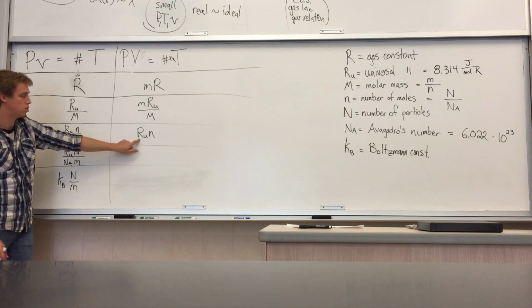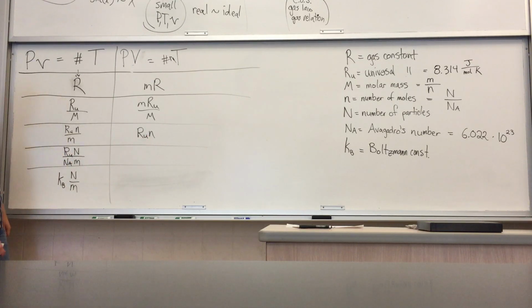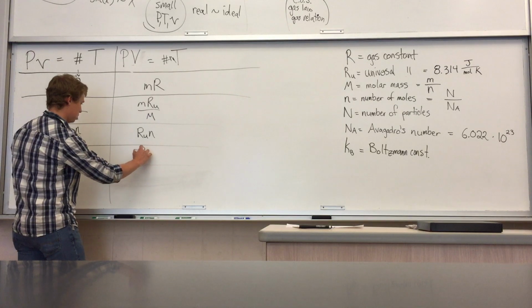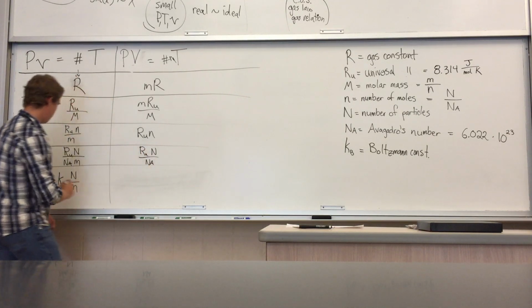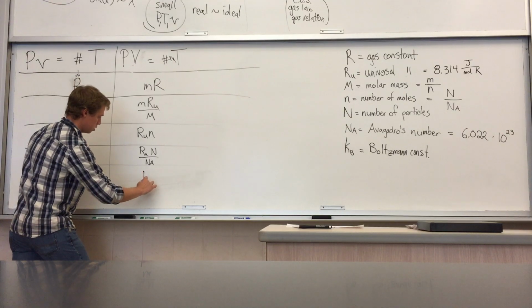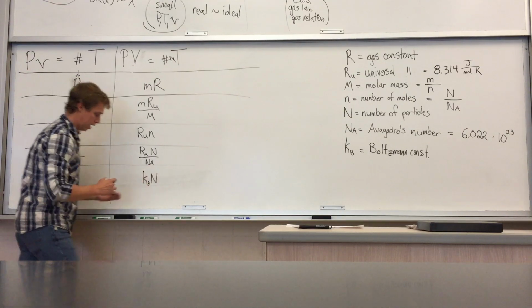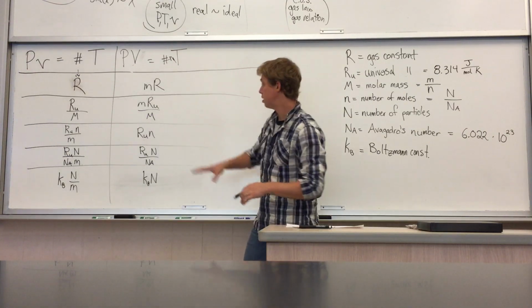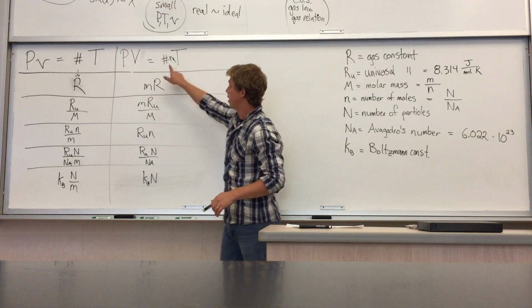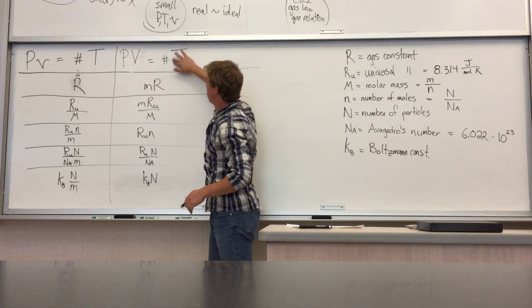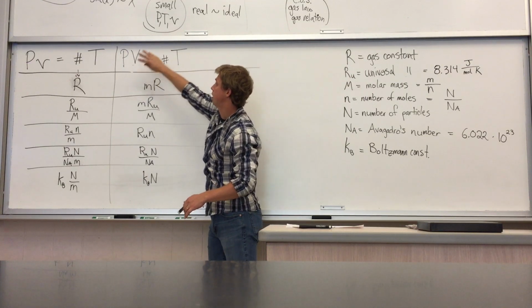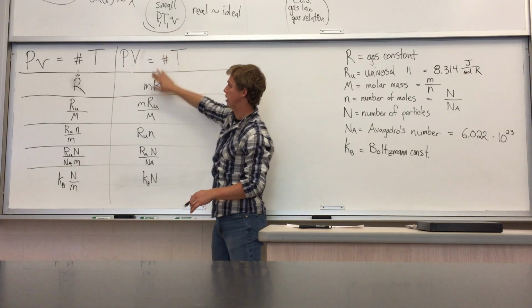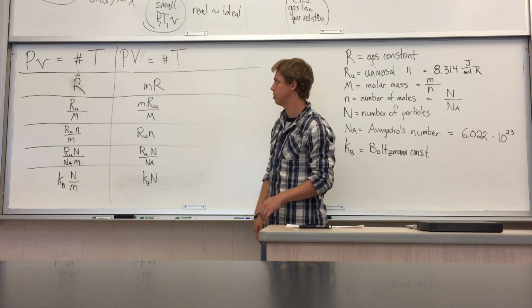So now it's just the universal gas constant times N. Same here, Ru times N over NA, and finally, just KB times N. All right, so these are all ways of writing that number if the mass is included in that number. As I multiply, it's absorbed into the number now. So I can write it like that.